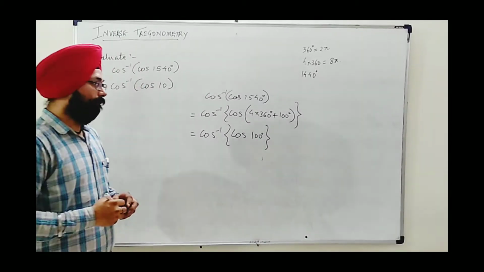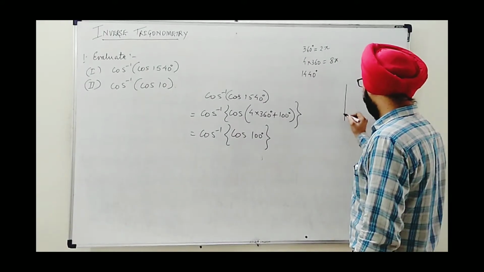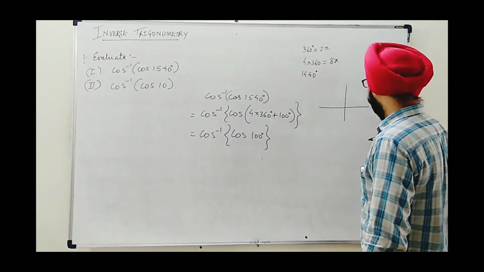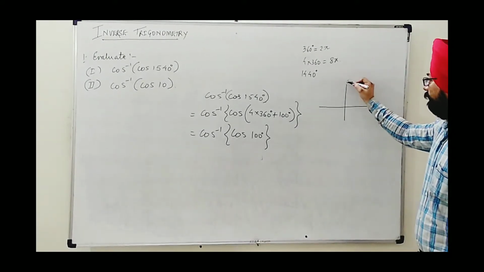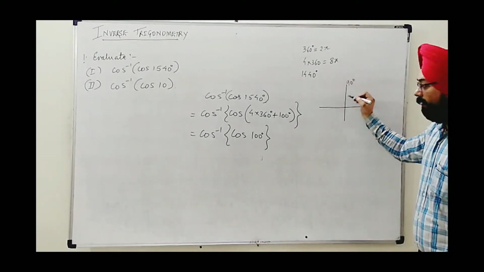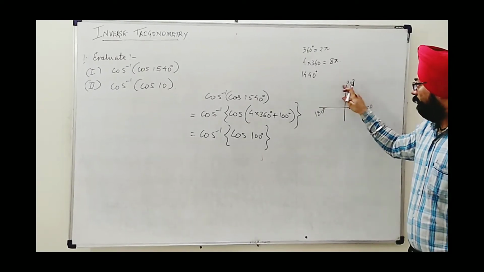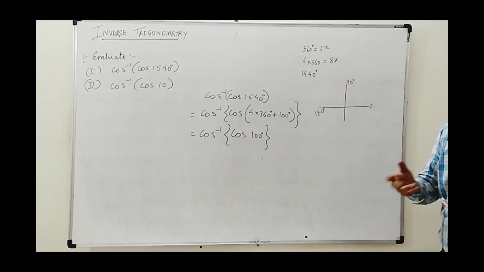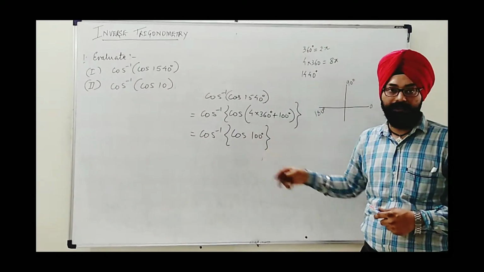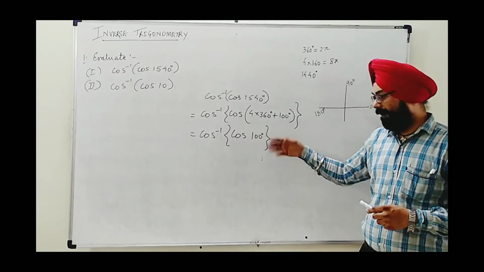Now if I locate the position of 100 degree: this is 0 degree, this is 90 degree, this is 180 degrees. Obviously 100 degree comes in the 90 to 180 range, the second quadrant. It is not a standard value, so we cannot put in a particular evaluation.